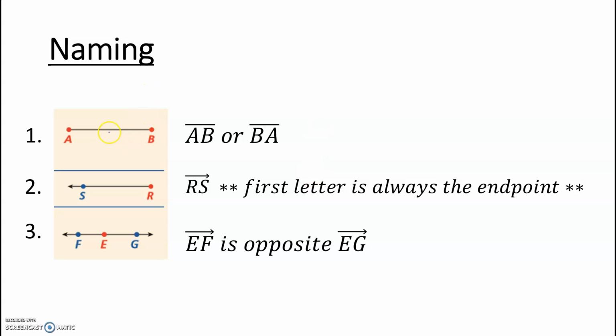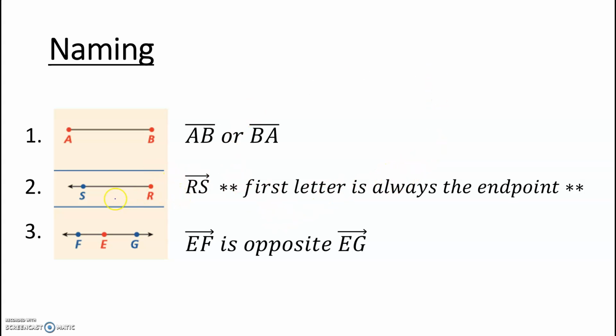And naming, very similar for line segments. Pick 2 points on the line segment and you can name it that. So here you can call it line segment AB, or you could switch it around, line segment BA. Notice there's no arrows. So either one of those is acceptable. Now for a ray, order matters. So lines, it doesn't matter. Line segments, it doesn't matter.